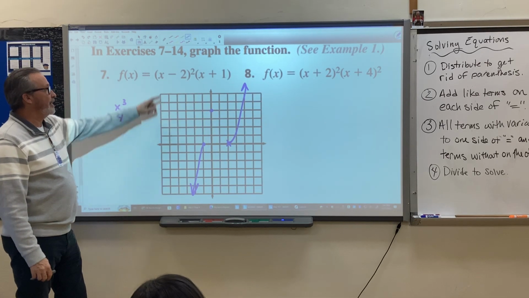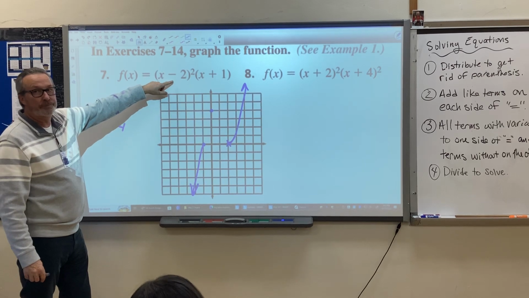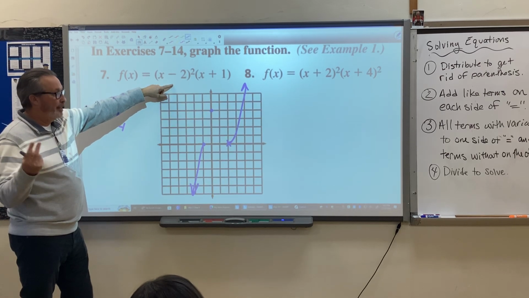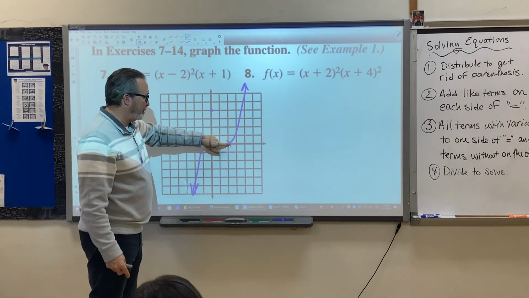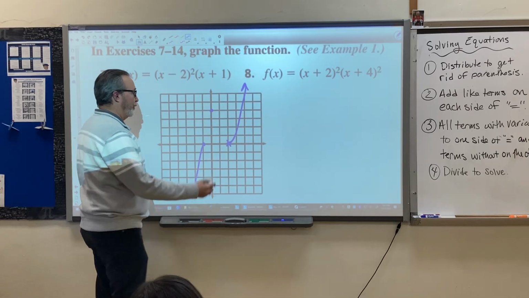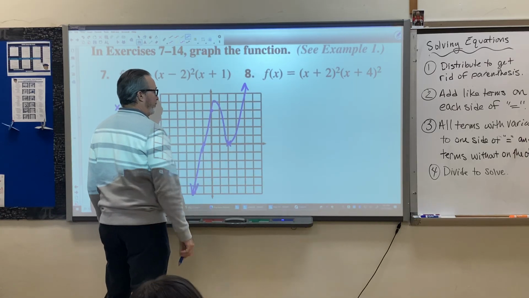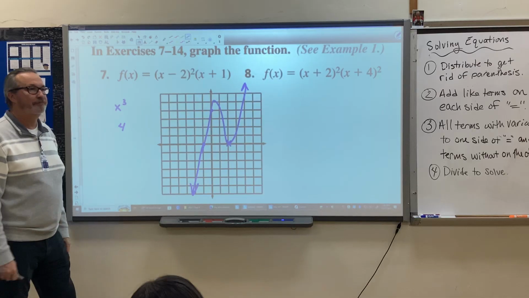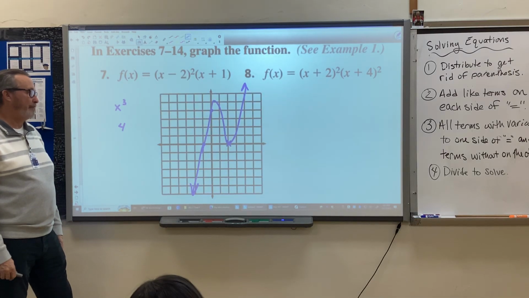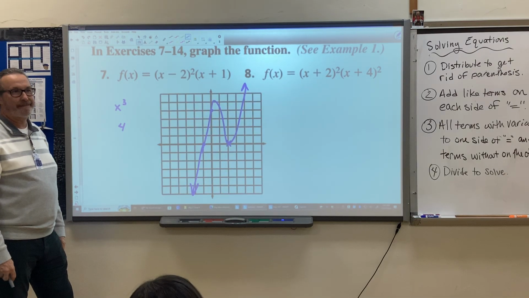Since the multiplicity of this zero, positive 2, is 2, it does not go through the x-axis, it just bounces off the x-axis. So a good graph might look like that. Good?